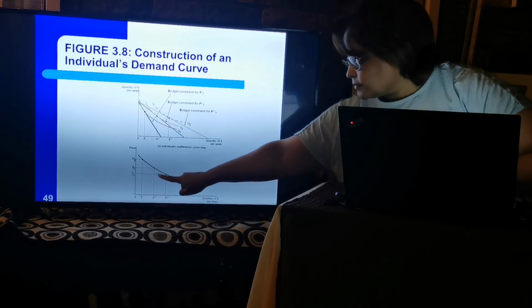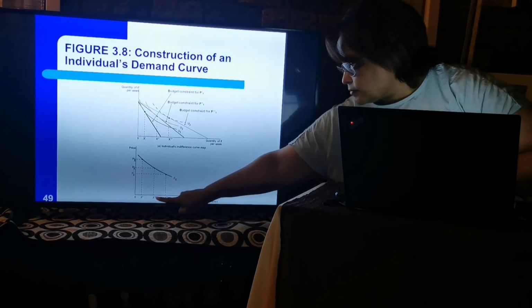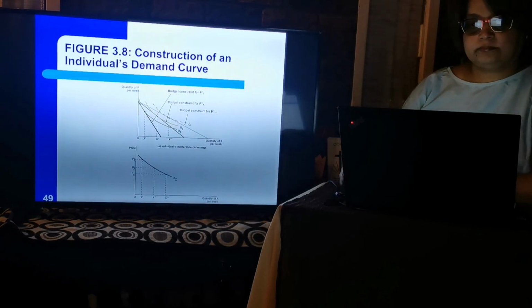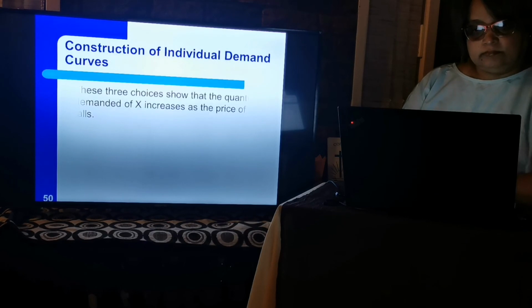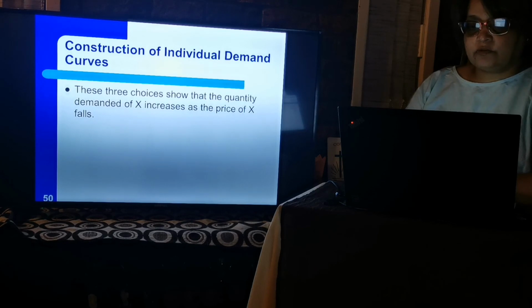Concludes 3, 2, and 1. These three choices show that the quantity demanded for X increases as the price of X falls.